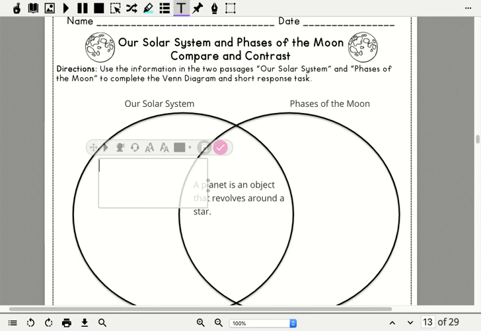And so C says Mercury, Venus, Earth, and Mars make up the set of planets known as the inner planets.